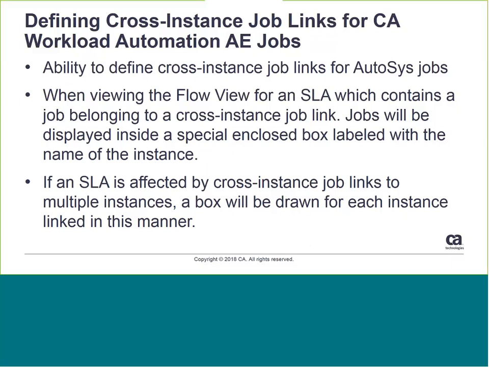So we're going to create a job link, and then when you view the flow, you will actually see a special box that points out that this is a job from another instance. Okay, and then you can click on it and get information about it. So if you only have a single production instance, this doesn't come into play as much. If you do have multiple AutoSys instances where you have cross dependencies, this will help you out in terms of managing your SLAs.